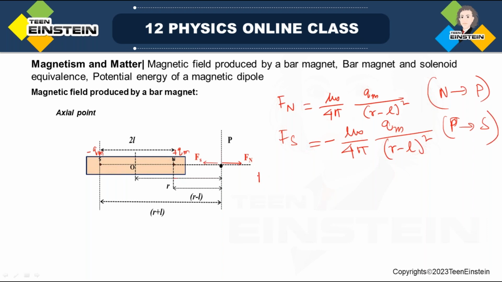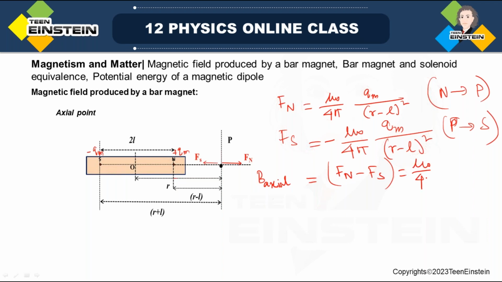Now if you want to find the axial magnetic field, I have to just take the difference of these. Since it is in the same straight line, I can just take the scalar difference. I can just subtract.